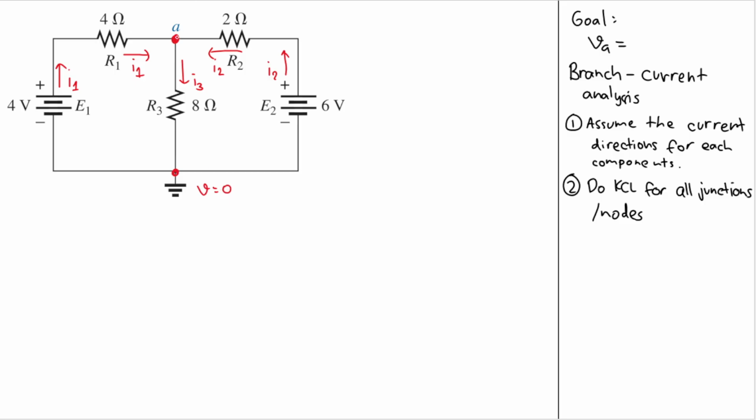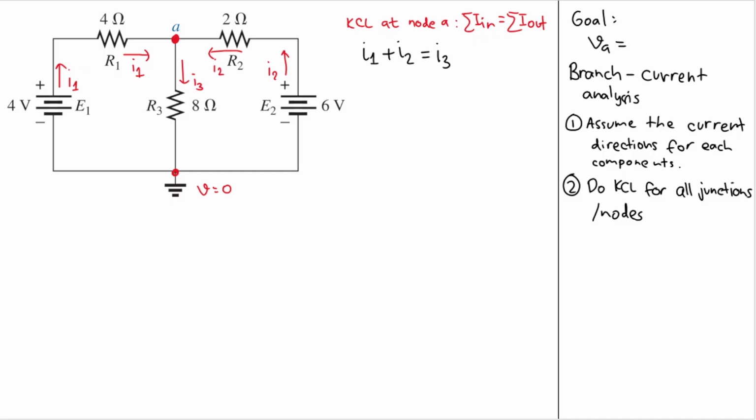So we only need to do KCL at node A. What does KCL say? KCL says that the sum of the currents going in equals the sum of the currents going out. The currents going into node A are I1 and I2. So I1 plus I2 equals I3. And we have our first equation here. Good.